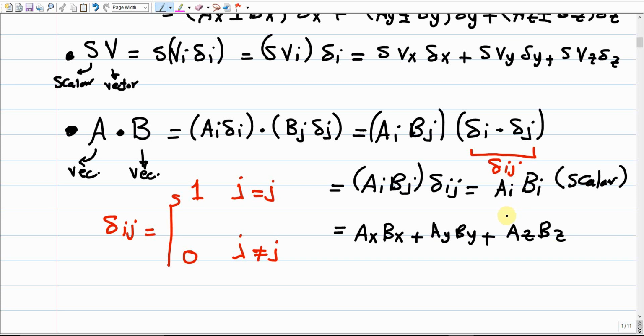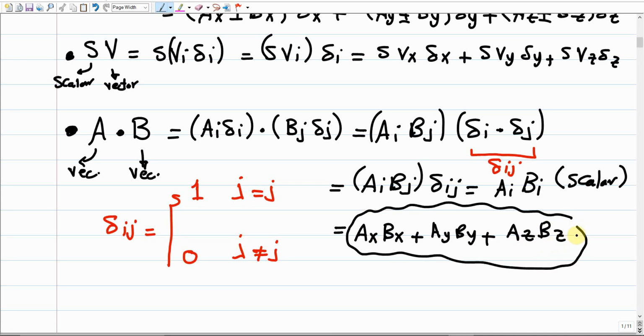When we have an index that is repeated within the same term, you have to sum: you consider this index X once, plus Y once, plus Z once. This gives us 3 terms, but these 3 terms are summed together, and we end up with only 1 term as a result, a scalar. The scalar is just 1 component, as we discussed above. Make sense? So this is for the dot product. Also, we discussed the cross product of two vectors.